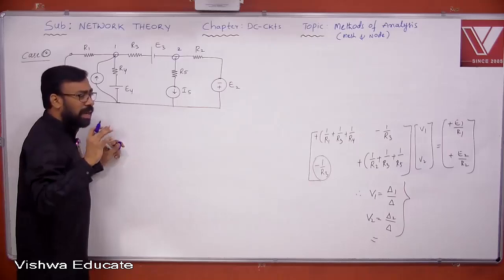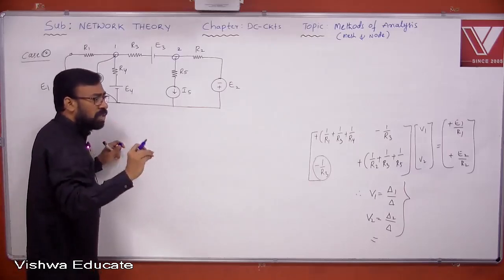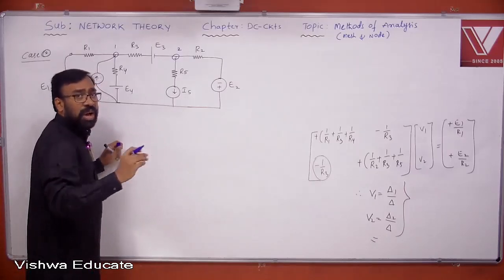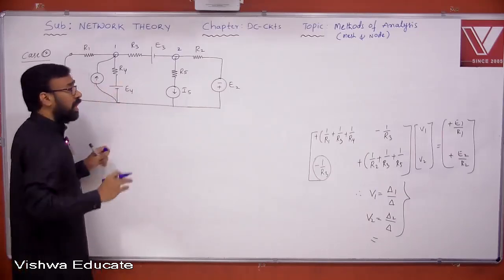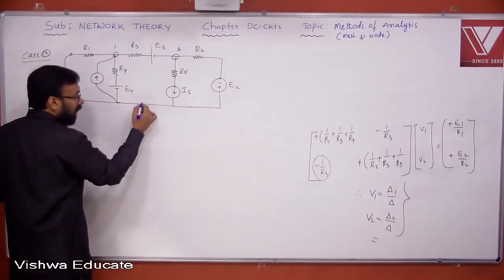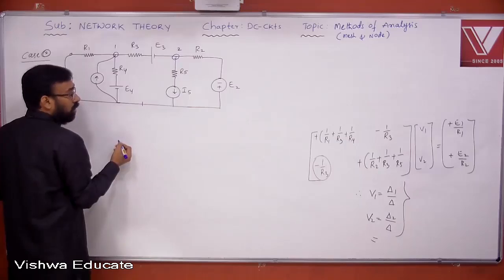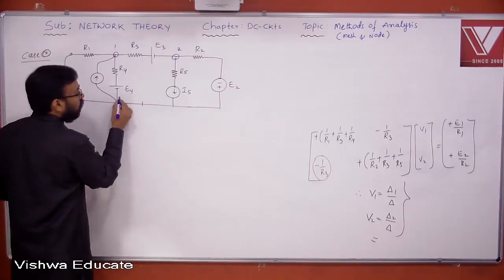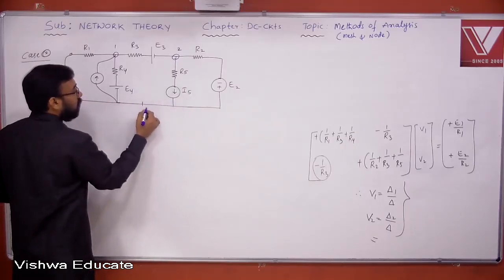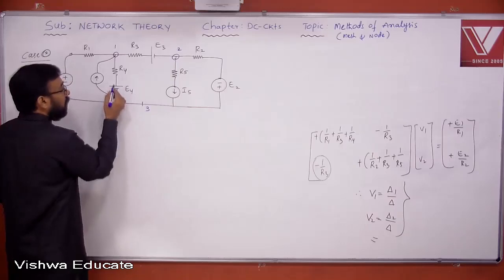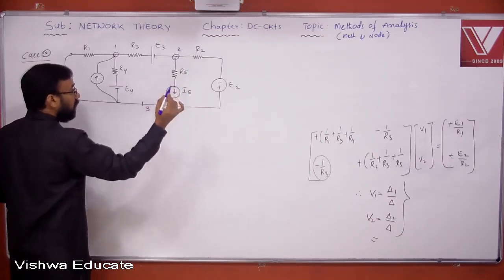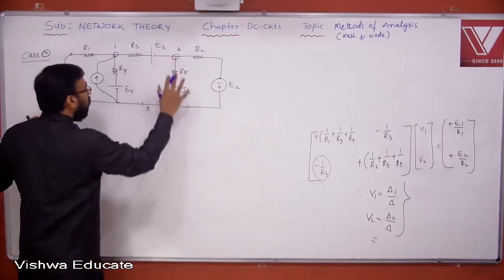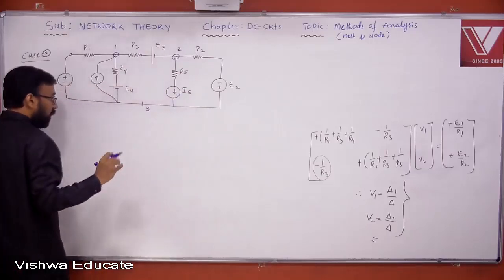So the minimum number of nodes is nothing but the nodes with minimum degree 3, out of which one node is selected as a reference node. All remaining nodes become principal nodes. So this is also a node, with minimum 1, 2, 3, 4, 5 degree here. The degree is 2 here, so I don't need to create a variable. Finally, you have 3 nodes, the minimum number of nodes required.